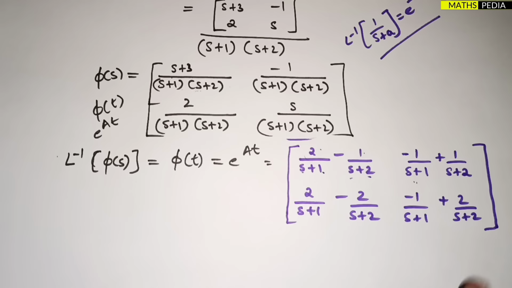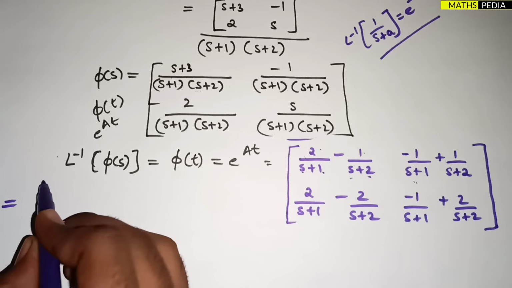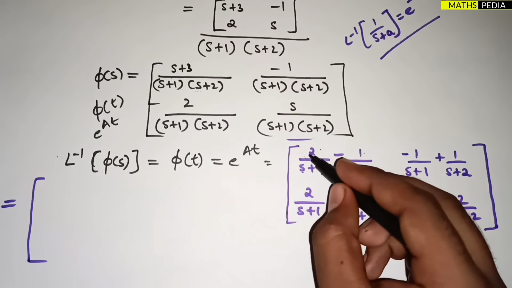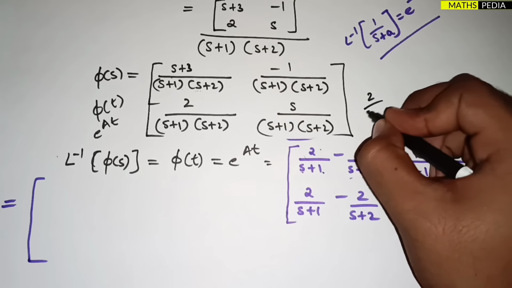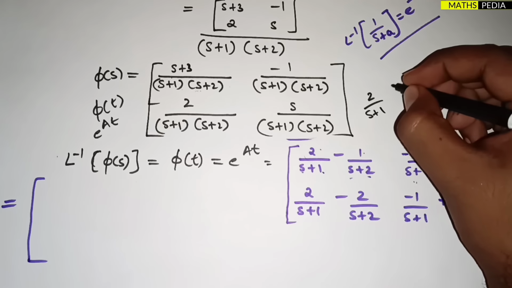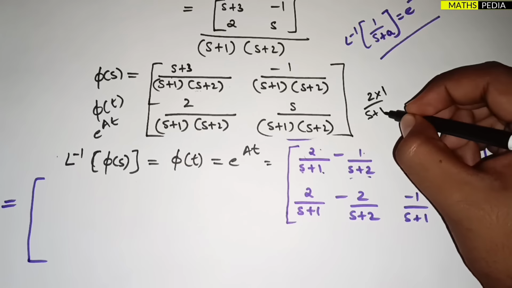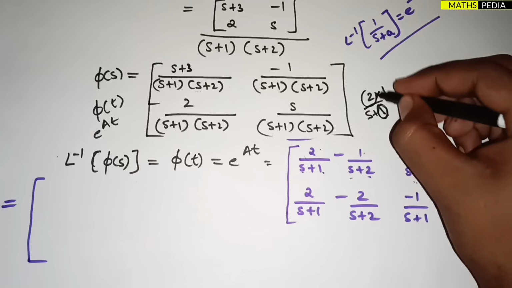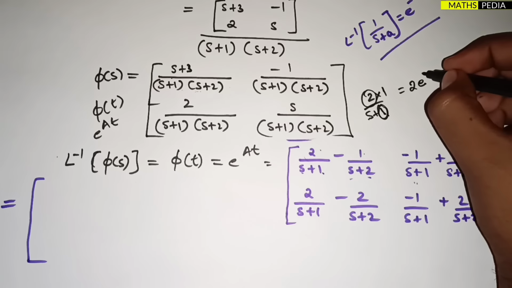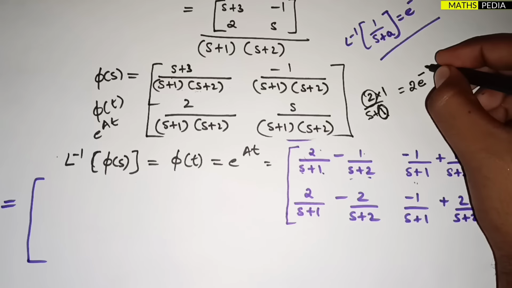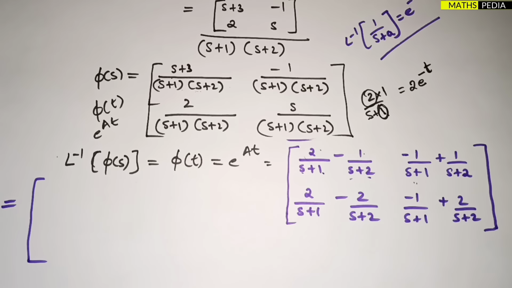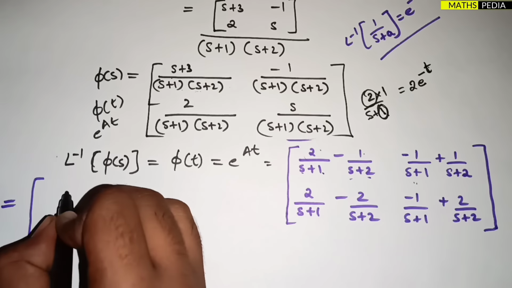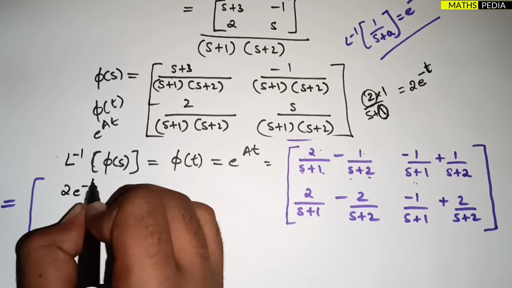So we'll write that here. See here carefully. I will do it for 2 by s plus 1. I can write it in this format, into 1. So 1 by s plus a, here a is 1. So 2 is the constant part, e power minus at, so it will be e power minus 1t, or you can directly write minus t. 2 is the extra part, so it will become 2 into e power minus t.